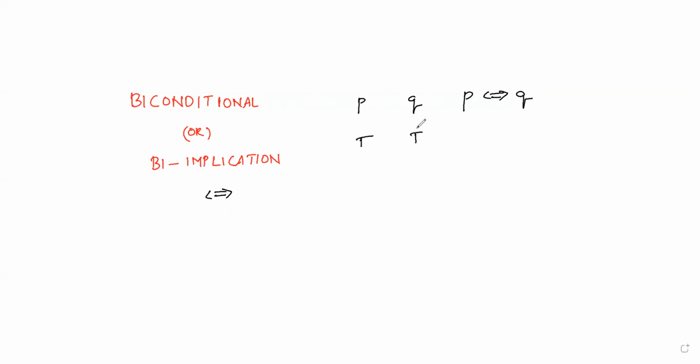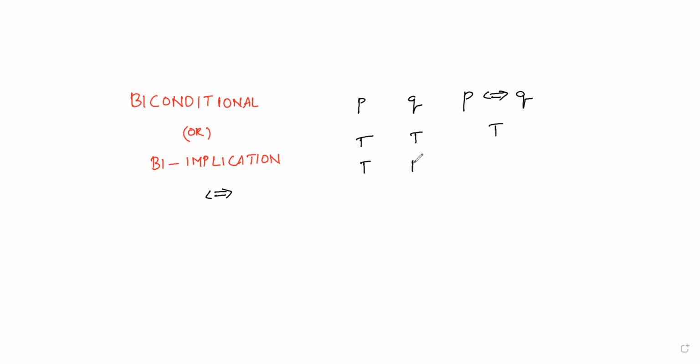Biconditional. Or you can also say bi-implication. Take the case of P, Q. Bi-implication is referred to like this, sir, with arrows on both sides. Both are true, so both are implicating truth, so it is true.